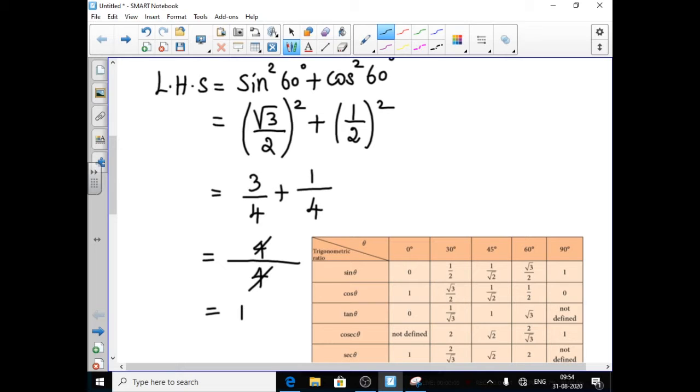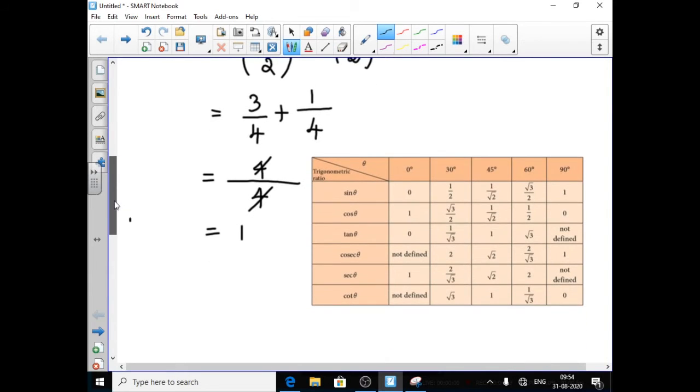Okay. So this is equal to RHS. So LHS equal to RHS, hence it is proved. Okay.